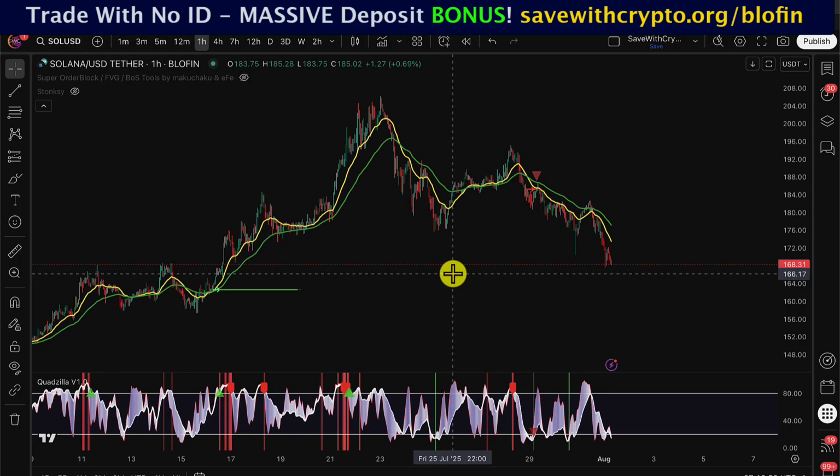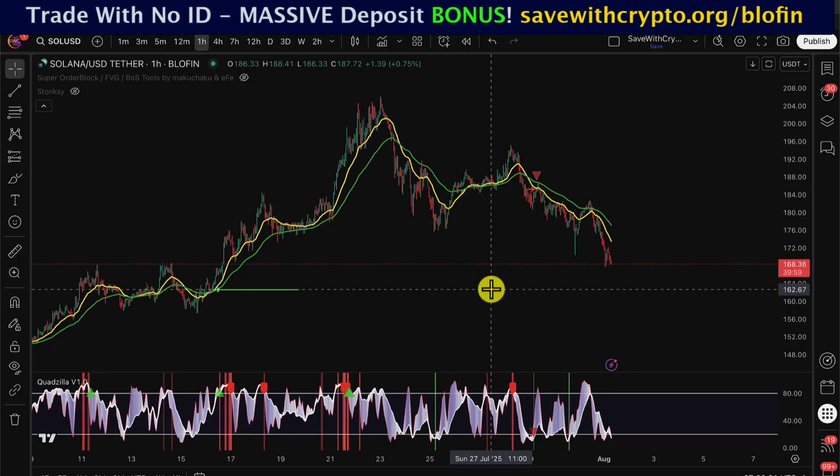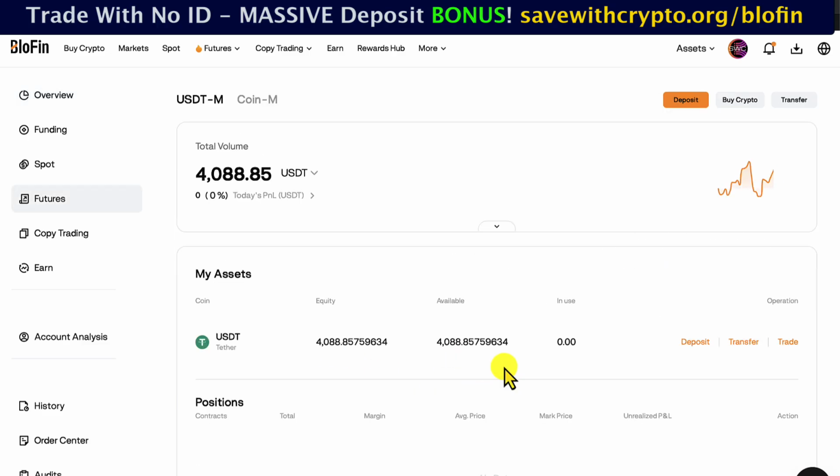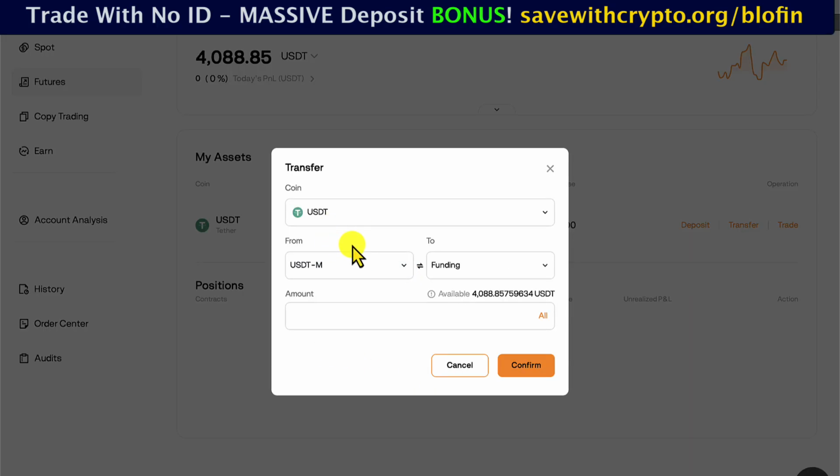Now I have also noticed that the price of Solana has come down quite a lot as well. So I think I'm just going to buy some spot Solana, because I haven't really got much. So I think I'm going to do that over on Blofin. So what I'm going to do is move some of my USDT out of the futures. I'm going to move some of the USDT out of this futures account here. Okay, so that one there, and put it in the spot.